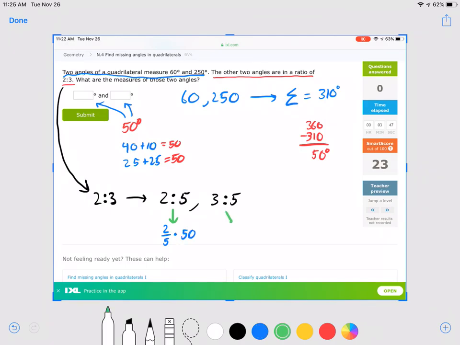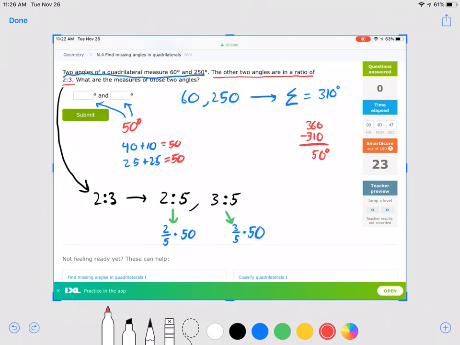And for the other angle, we can say it's 3/5 of the total 50. So remember that when you get a ratio, you can just write it as a fraction.